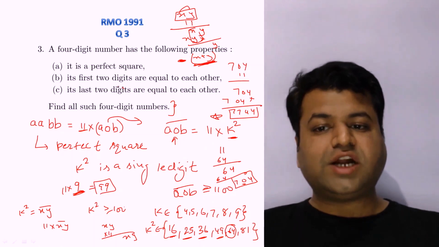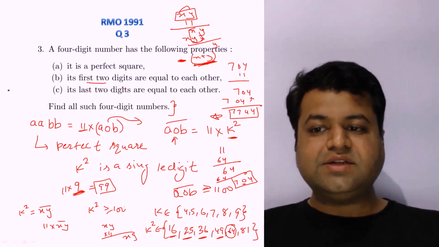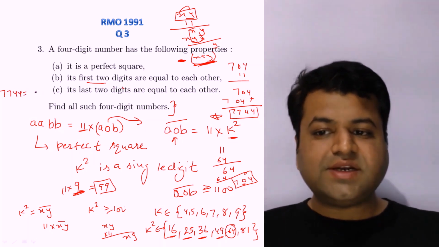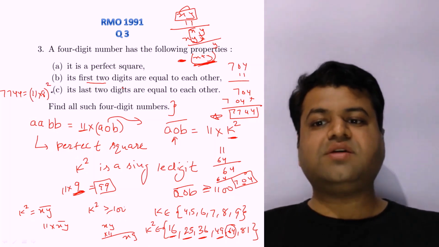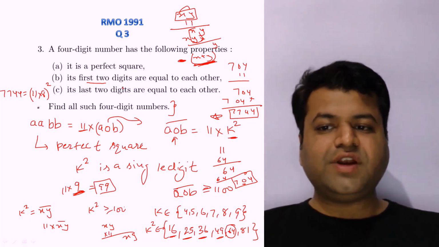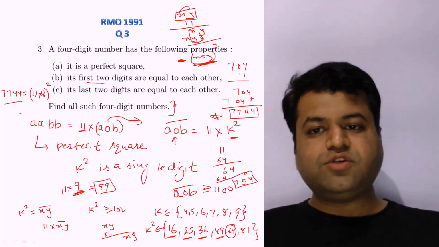The first two digits are also identical. And this 7744, whose perfect square it is, is nothing but 11 into 8 square, that is 88 square. If you compute the square of 88, it will end up with 7744. So this is the answer for this question.